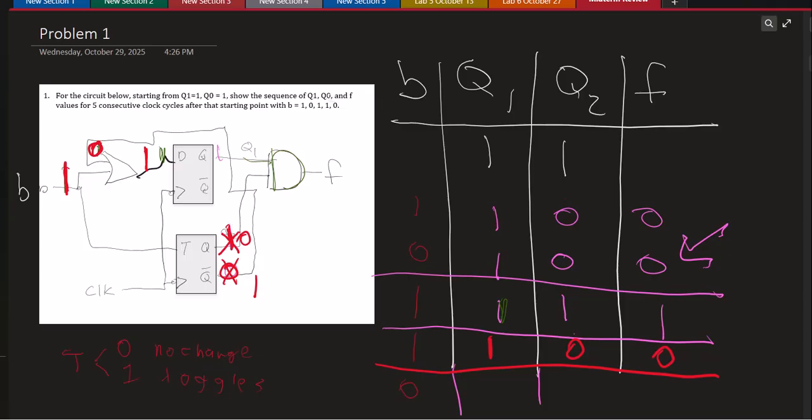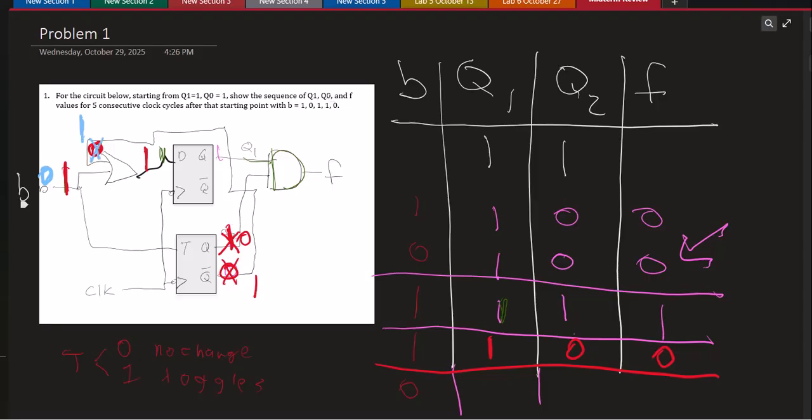And now for our last clock cycle, and I will use light blue. B is going to be 0. It's our old values that we're using for going into the flip-flop. Our old value of Q naught is 1.